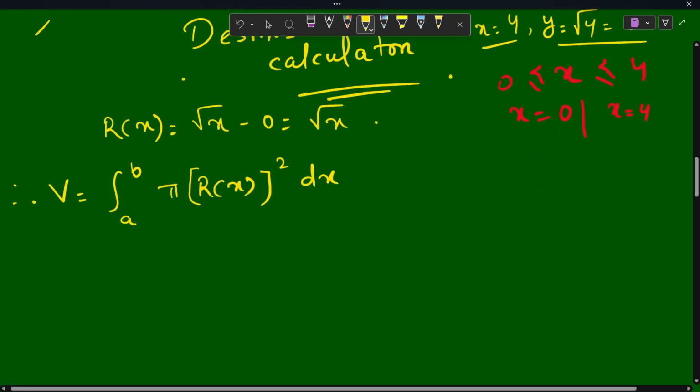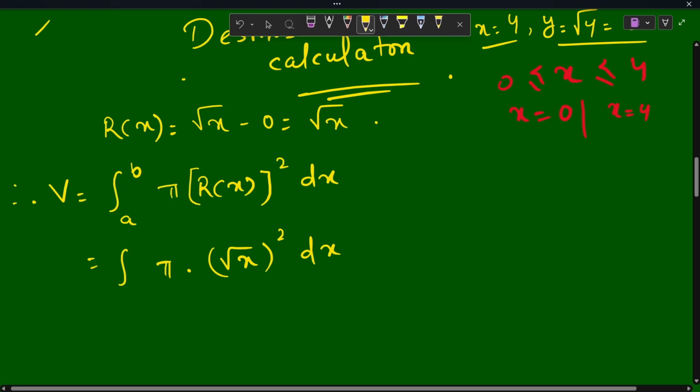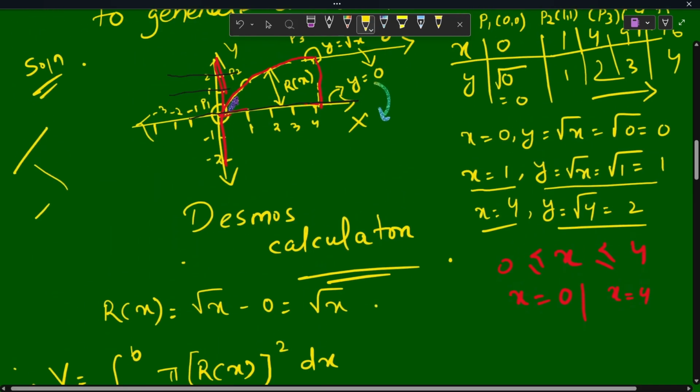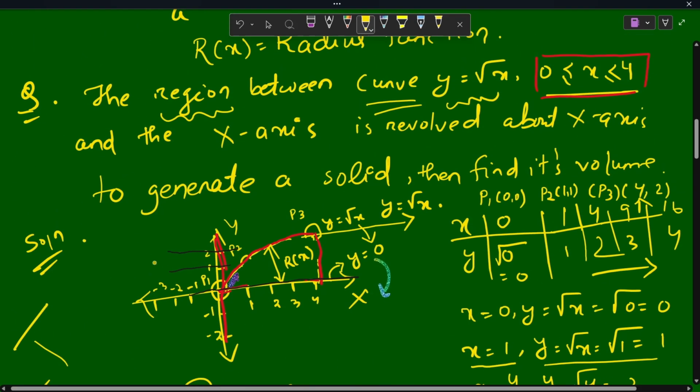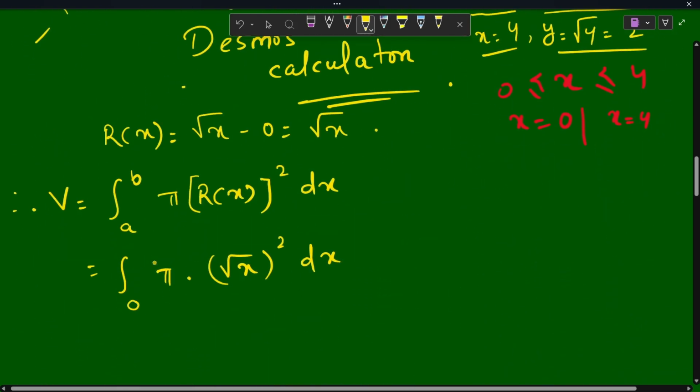Let's first write down the formula. Now this is the integral from A to B of pi, and r of x is root x, and the values of A and B are already given in the question. So the limits of x are from 0 to 4.